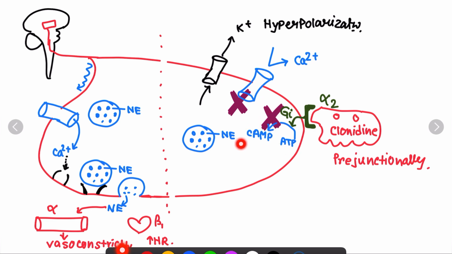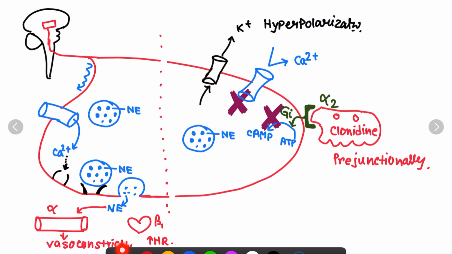Therefore cyclic AMP is going down. As there is a reduced amount of cyclic AMP, it also inhibits this voltage gated calcium channel. So calcium cannot enter the nerve terminals, and it also increases the activity of the potassium channel.